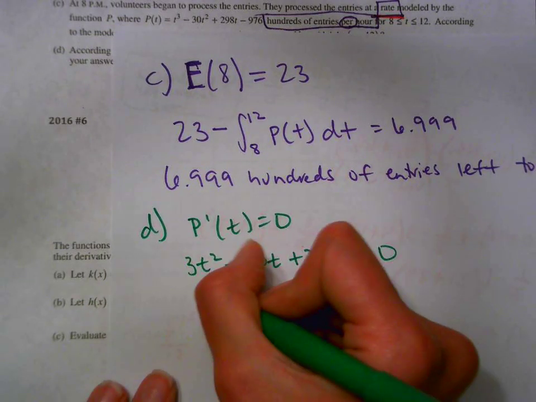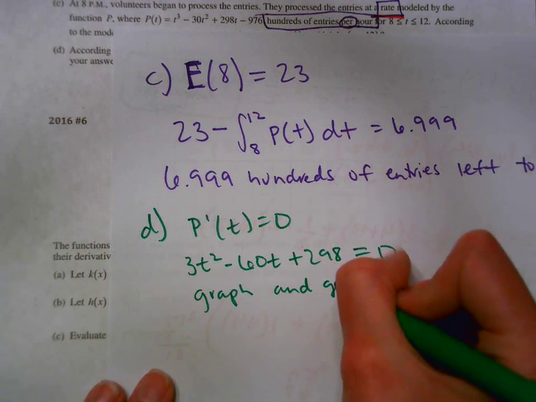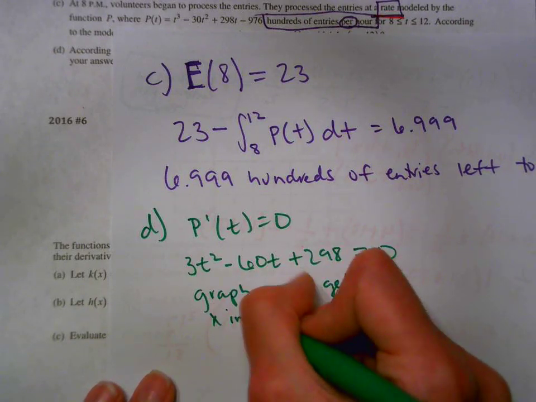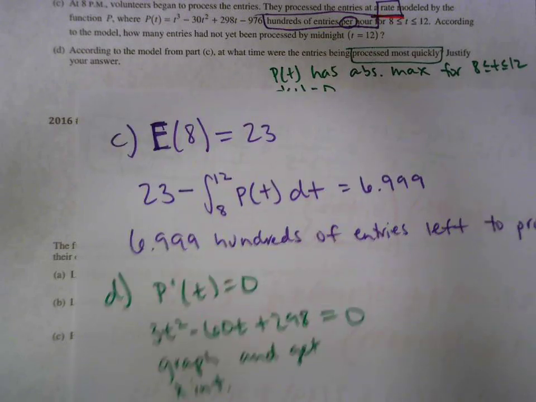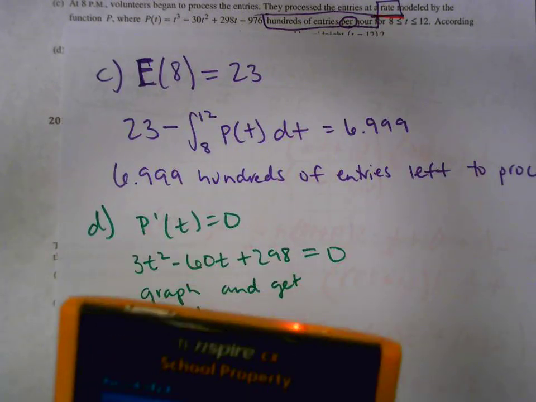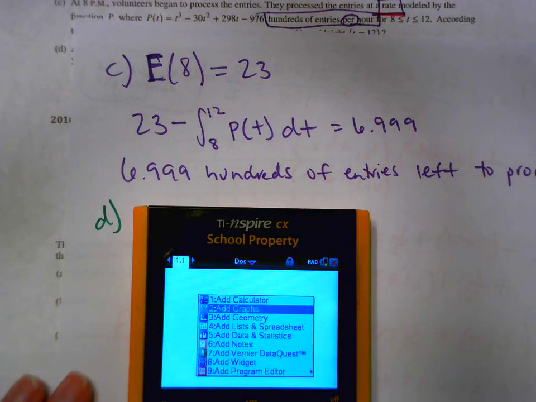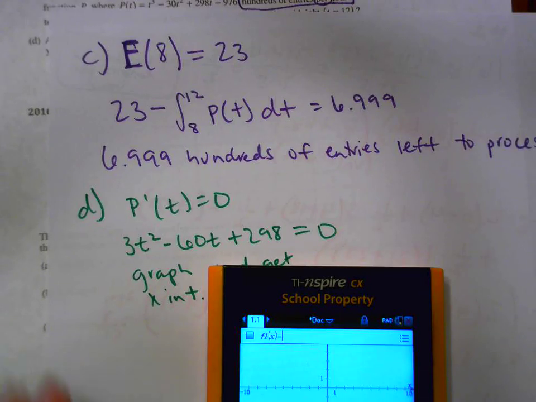So I would graph this function and look for x-intercepts. Get x-intercepts to know when it equals 0, and you want them in the interval from 8 to 12. So let's see. I didn't already do this one, so we'll do it together. If you have Desmos on your computer, you can use that as well.